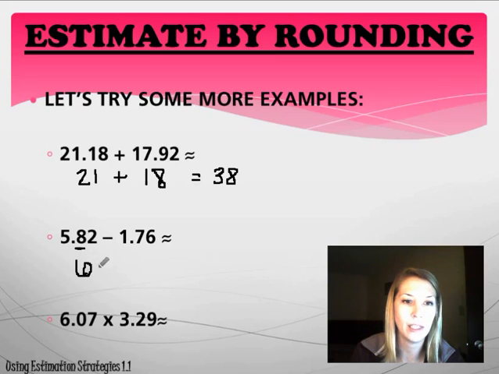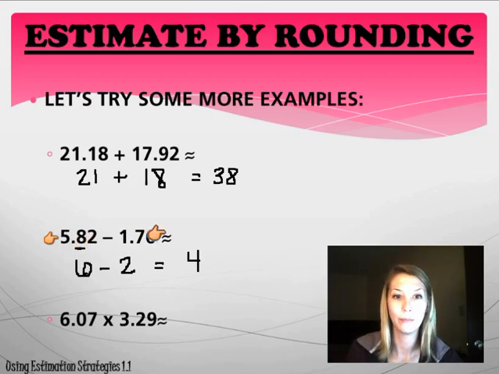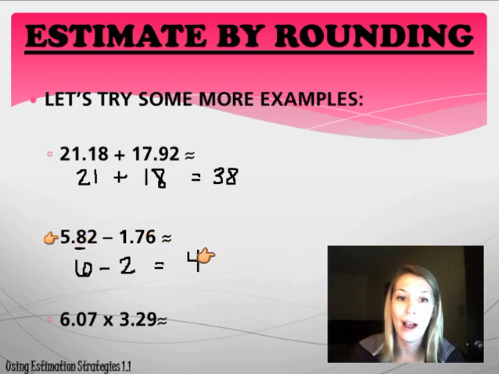So let's estimate that to be 6 minus 2, because 1.76 is closer to 2 on the number line than it would be 1. 6 minus 2 is equal to 4. So 5.82 minus 1.76 would be around 4, since we rounded those numbers.